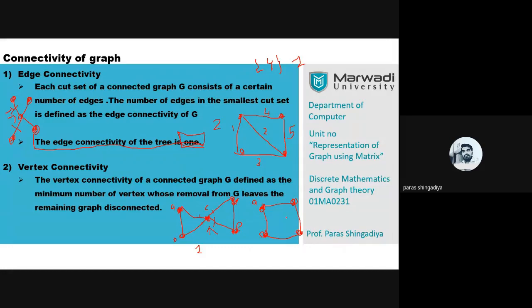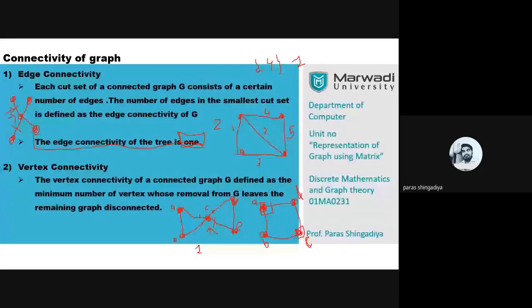Check this cross: this vertex is A, let us say this is C, and that is B and D. Now delete A and C from the graph. With these 2 vertices deleted, all the 4 edges are also removed, because they connect with these 2 particular vertices.